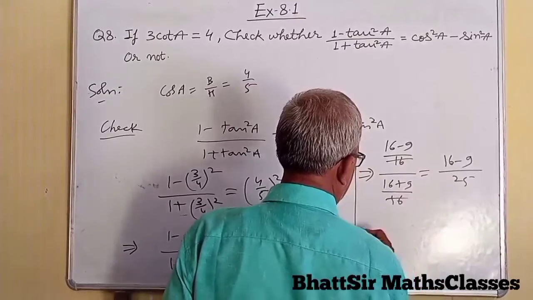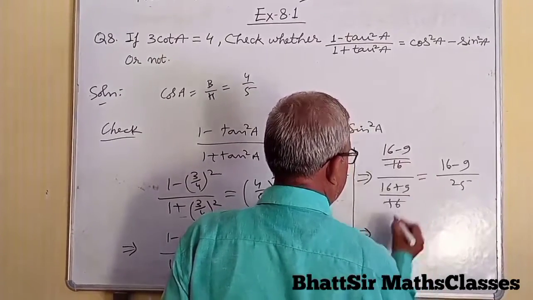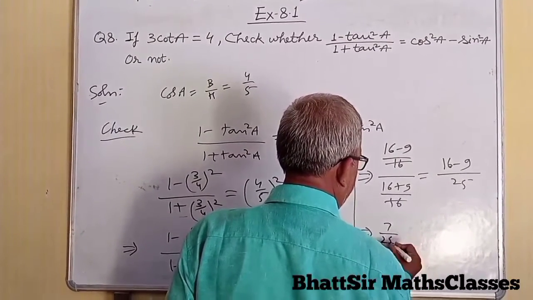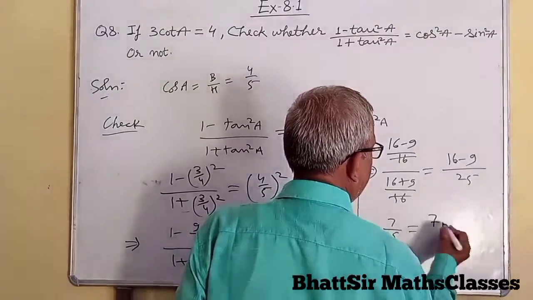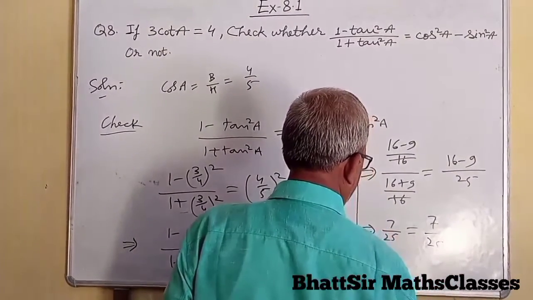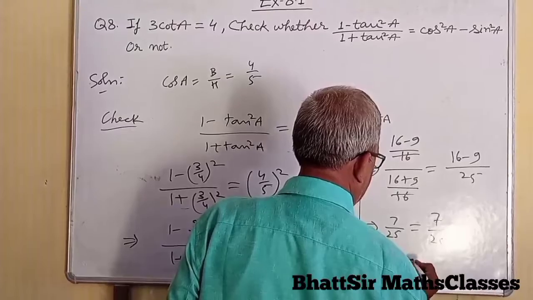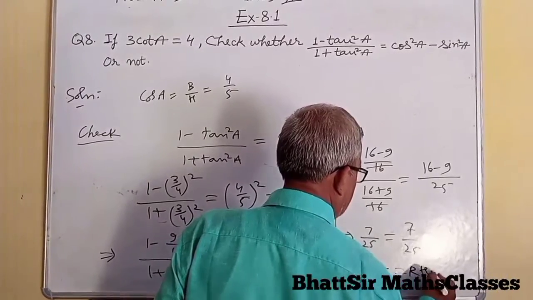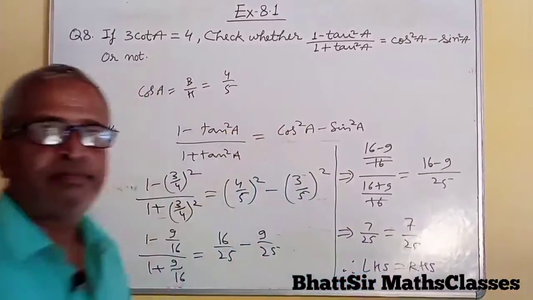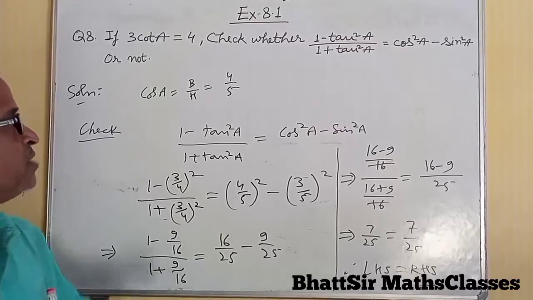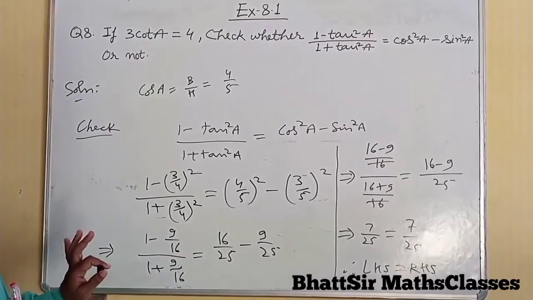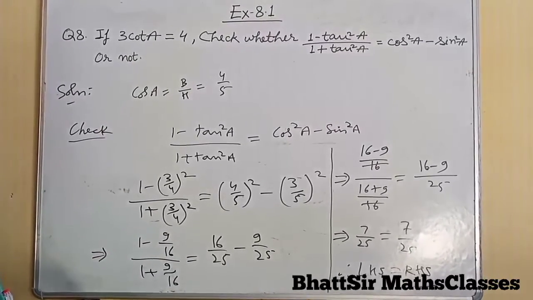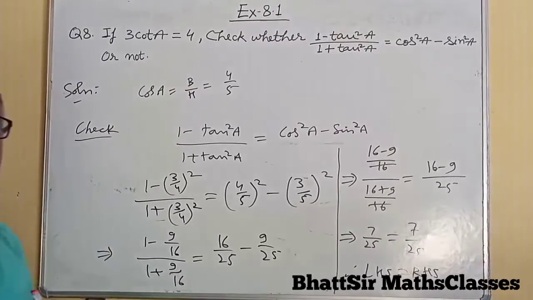Cancel out. 16 minus 9 is 7, so 7 upon 25, 7 upon 25. Therefore, LHS equal to RHS. So it is the right solution. It is the checking.